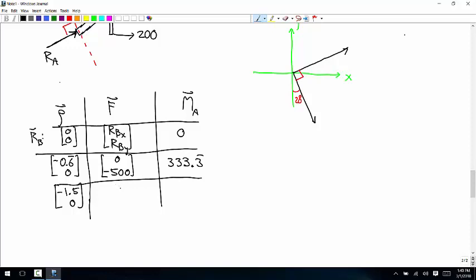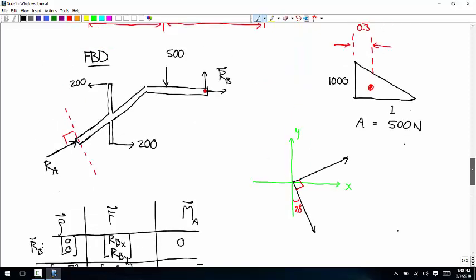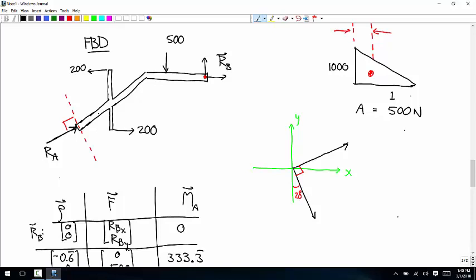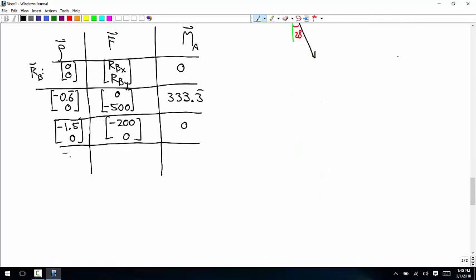The force vector is negative 200, 0. And so there's no moment from that one. Then what are the coordinates of that other 200 Newton force? Yeah, negative 1.5, negative 1. And that force is positive 200, 0. And so the cross product is positive 200.